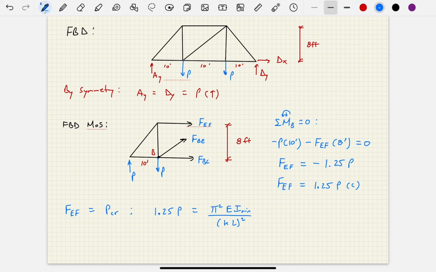So if I just do a little bit of rearranging here, I'll clearly get P is equal to pi squared E I min over 1.25 KL quantity squared. And then I'm ready to substitute those values in. So let's go ahead and turn the page and do that.